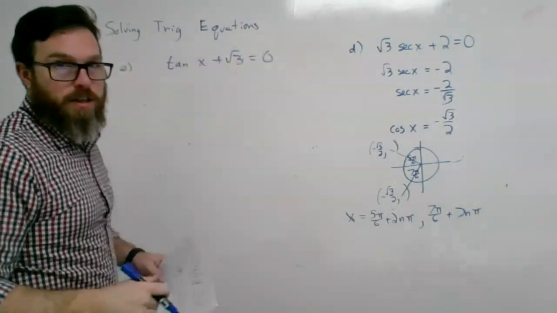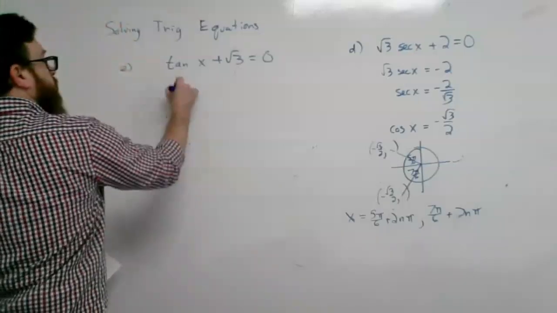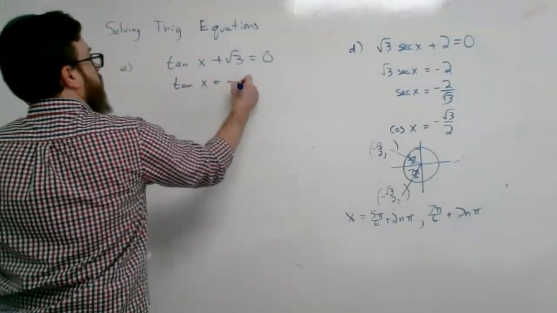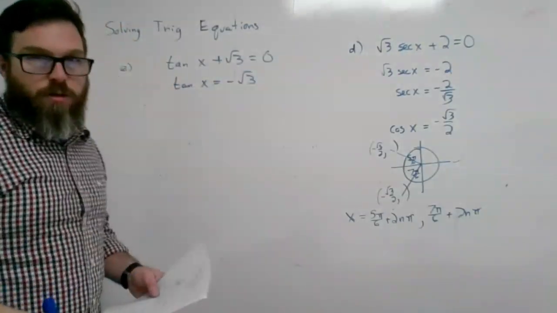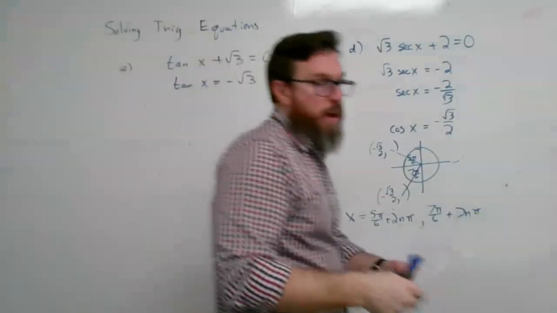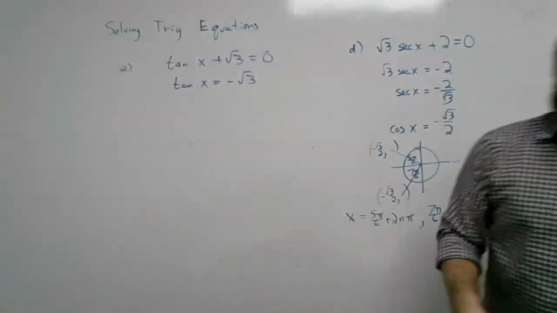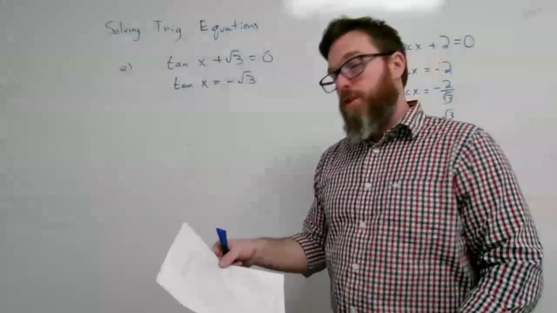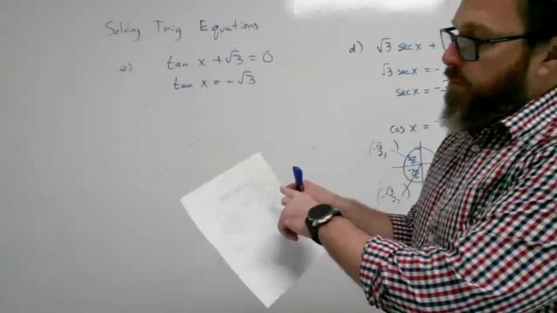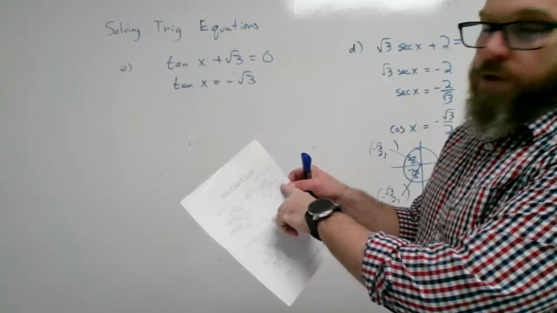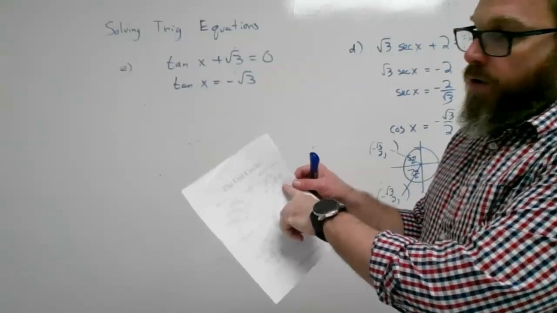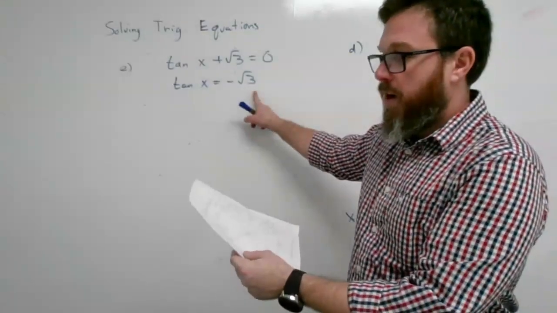So again, we isolate the tangent function. So tangent of x is equal to negative root 3. Now on the unit circle, remember the unit circle only gives you values for sines and cosines, but the tangent function is the sine of x over the cosine of x. So what I'm looking for is angles for which I divide the y coordinate over the x coordinate. That gives us a negative root 3.